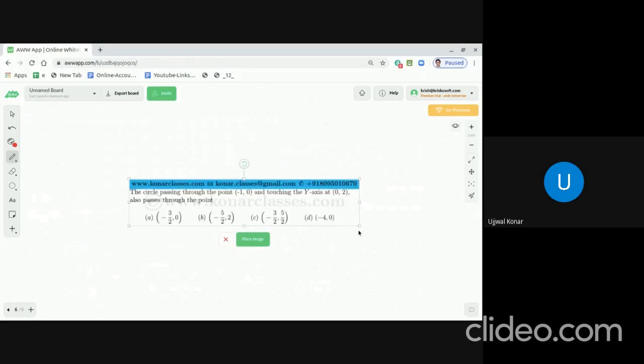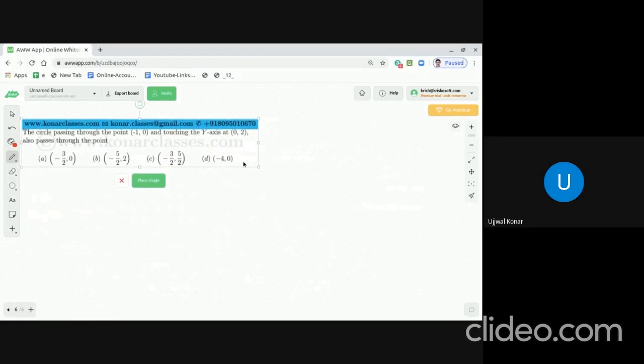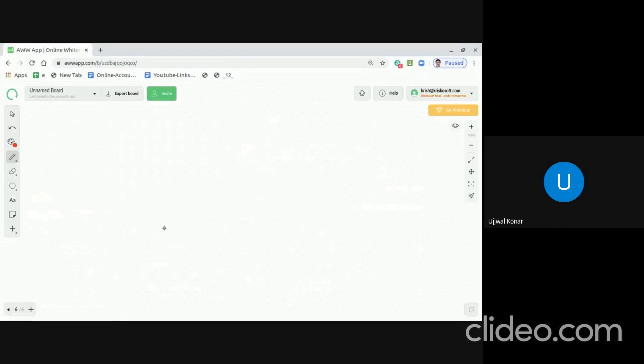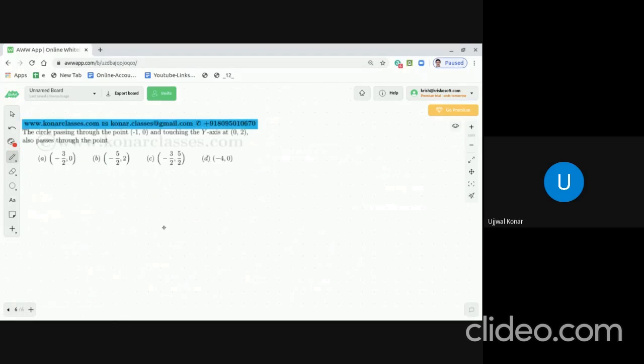As you see the question, dear students, the circle passing through the point minus 1 comma 0 and touching the y-axis at the point 0 comma 2 also passes through the point which, that we need to find out. This is question number 6. Okay, dear students, so let's see how to solve this particular type of question.